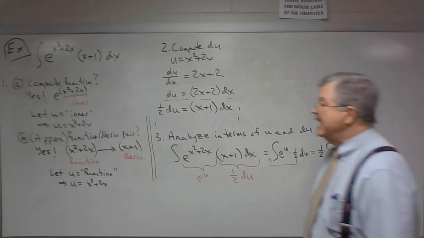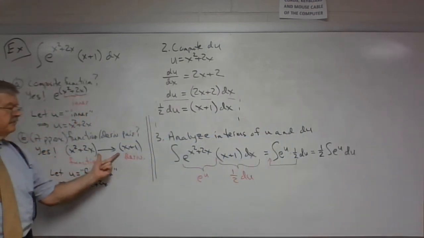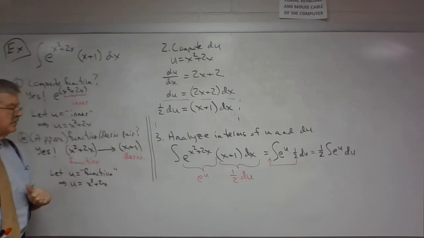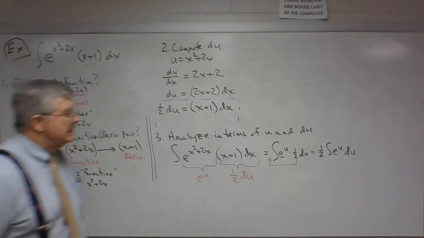If we just have an approximate function derivative pair where we're only off by a constant multiple, as long as this is a constant multiple of the derivative of that function, we're okay.